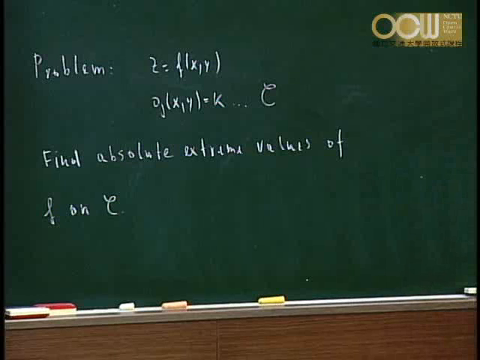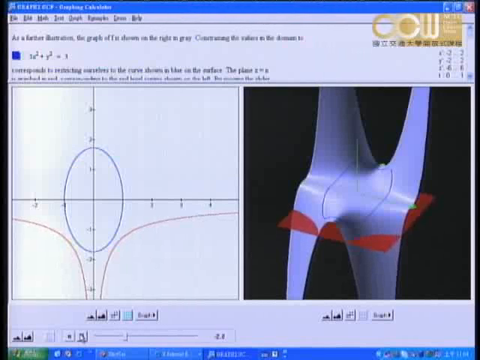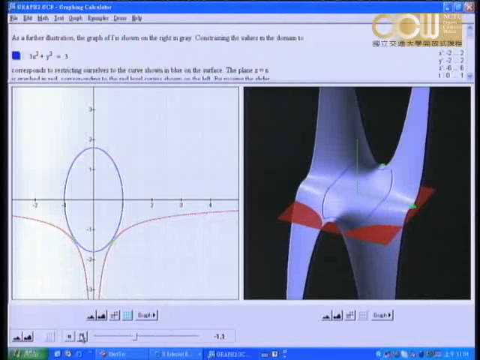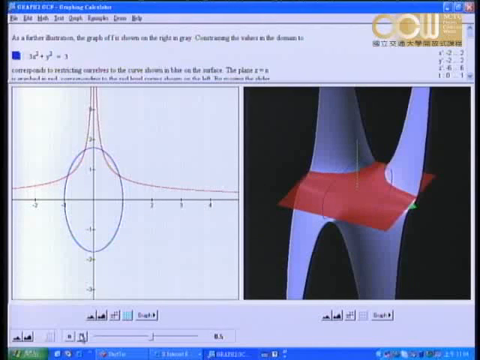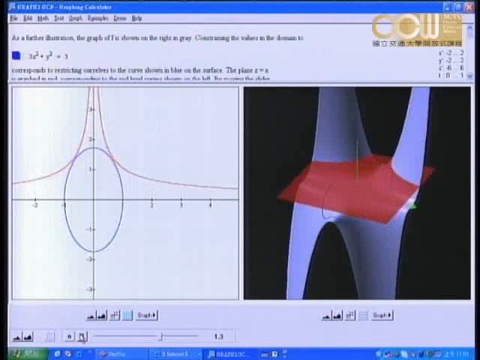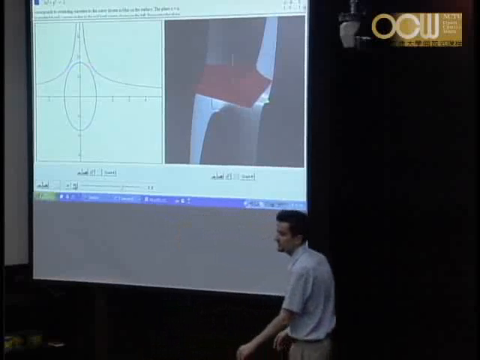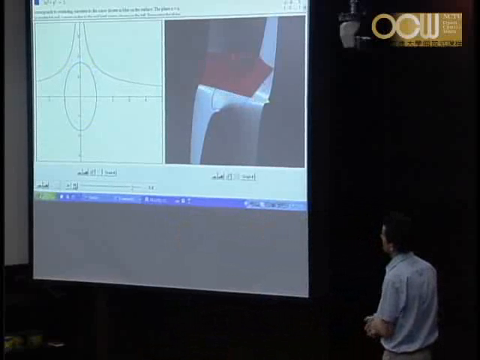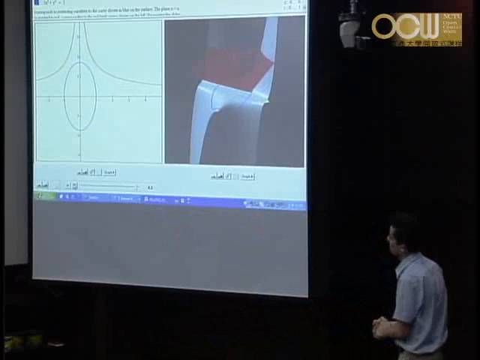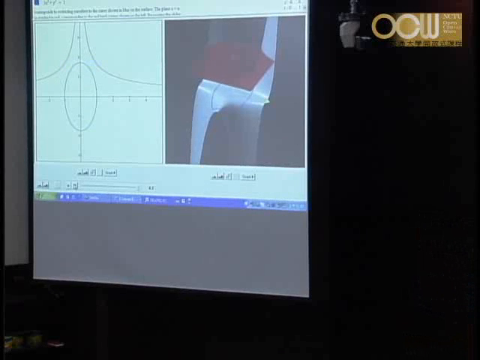So maybe let's start this. Now you see it. Because the plane is going up, the level curve you see here has larger and larger z values.